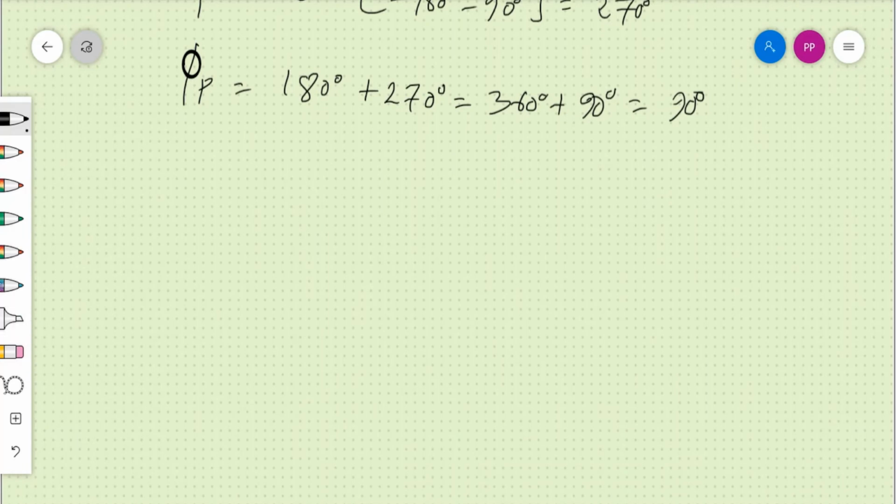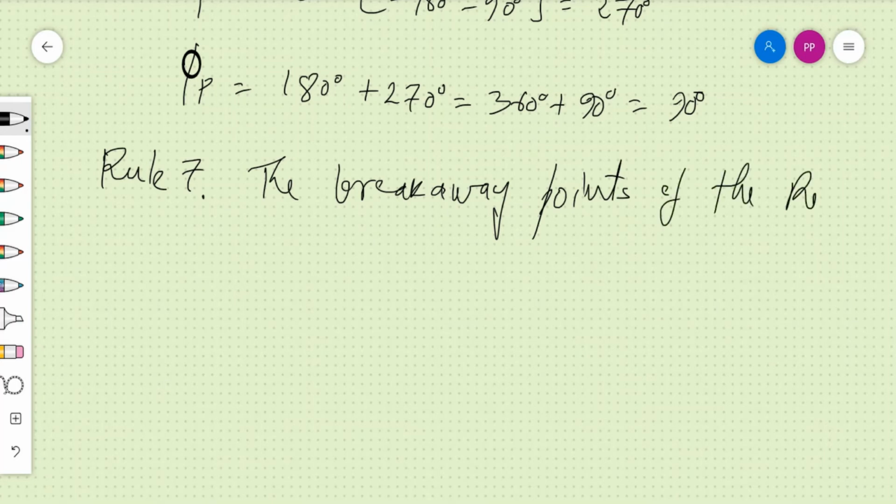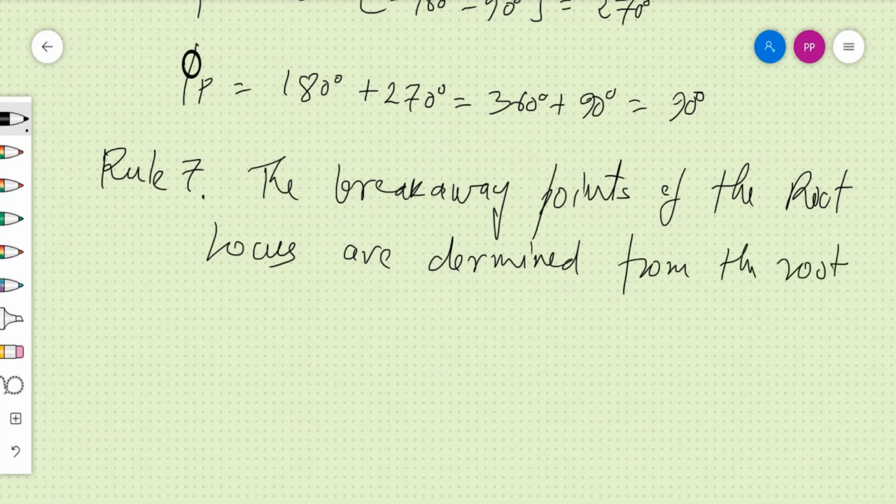Rule 7: the breakaway points of the root locus are determined from the roots of the equation dk by ds.